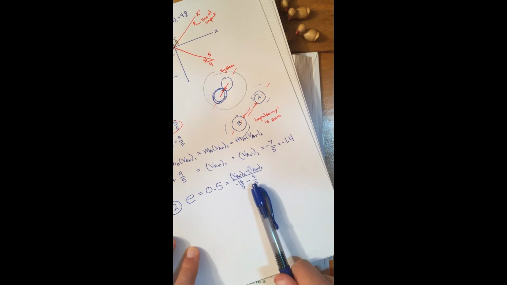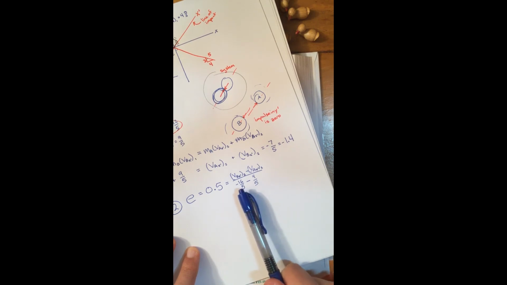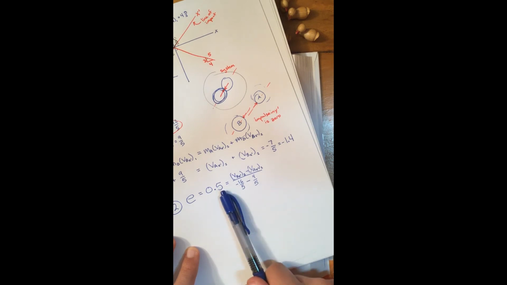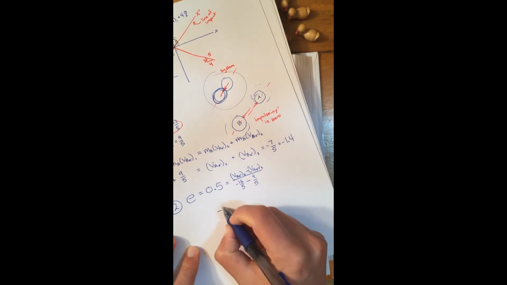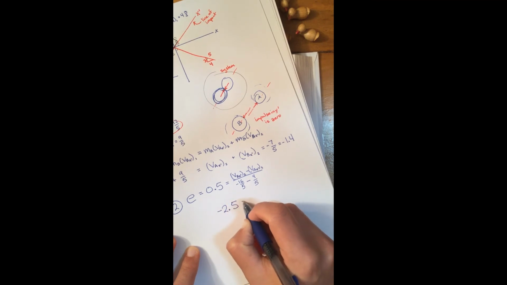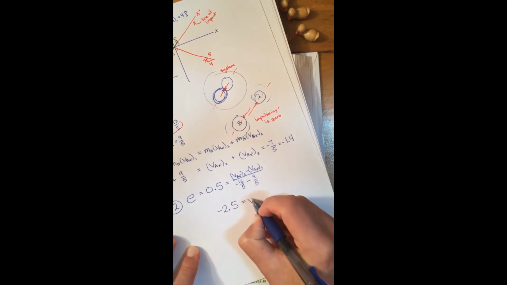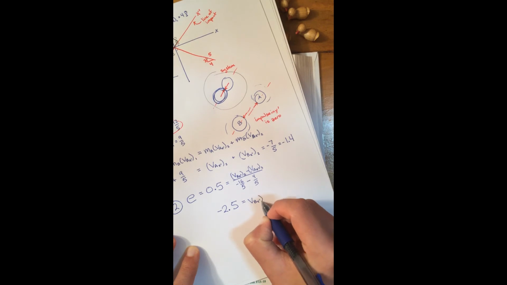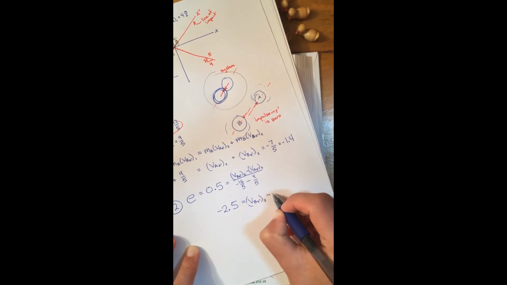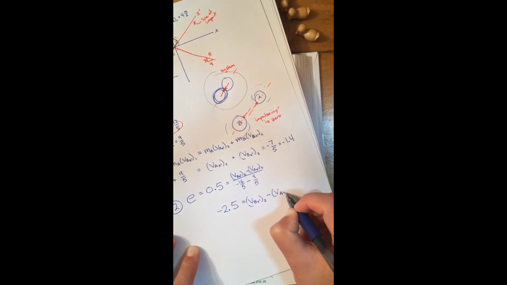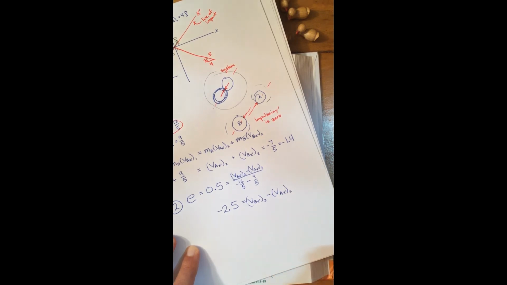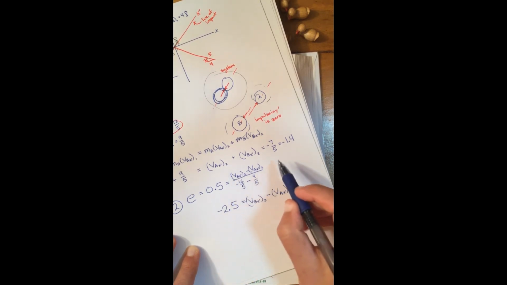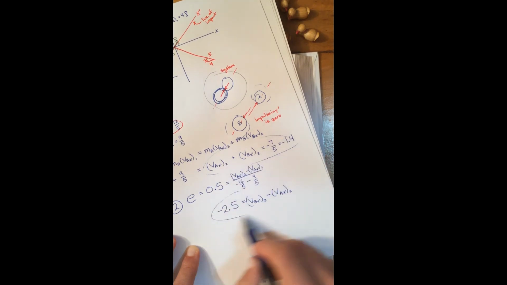Negative 16 minus 9 is 25, so that's negative 25 divided by 5, which is 5. Then we bring it over to the other side, and it's still negative, and it's negative 5 times 0.5, which is negative 2.5. And now on this side, we just have VBX prime 2 minus VAX prime 2.